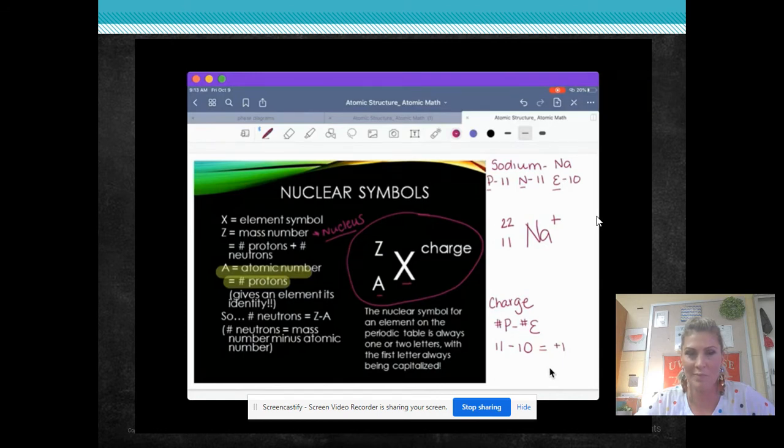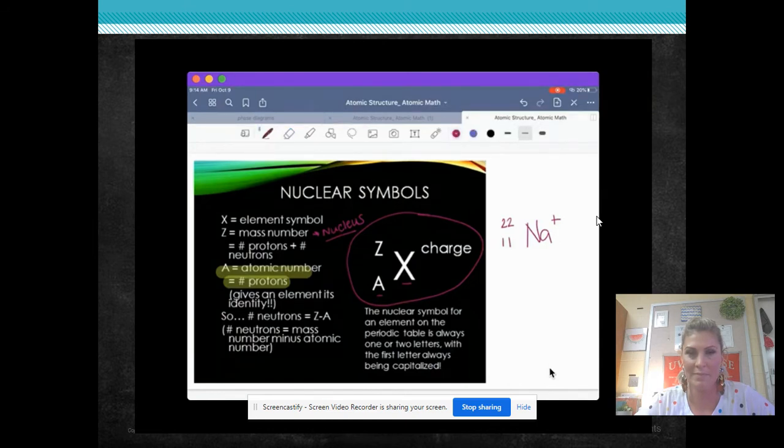Now, one of the neat ways when we're looking at a nuclear symbol like this is that it's very easy to determine how many neutrons are already in that atom. So if I was not given the information up here, I could figure out all of that information by just looking at this atomic symbol because everything we need is right there.